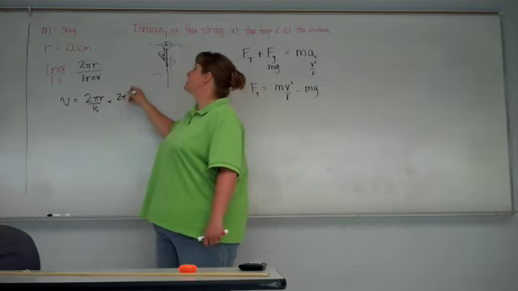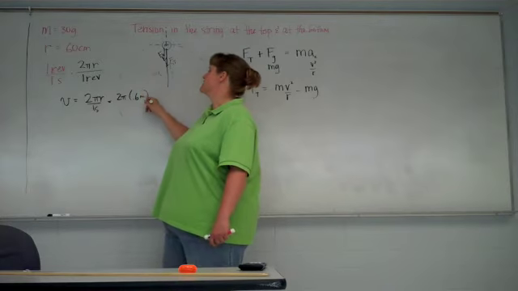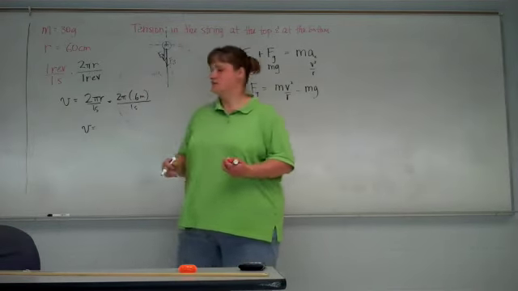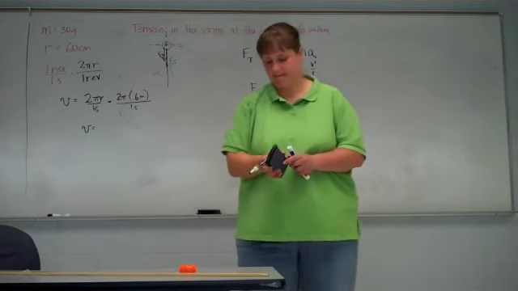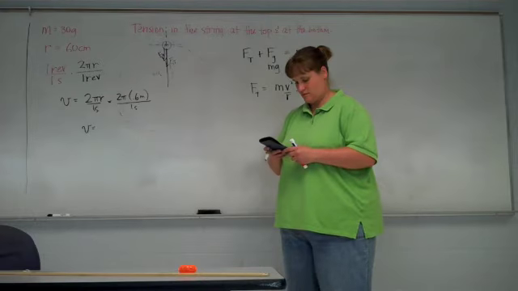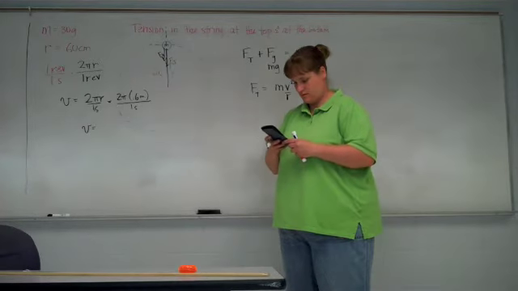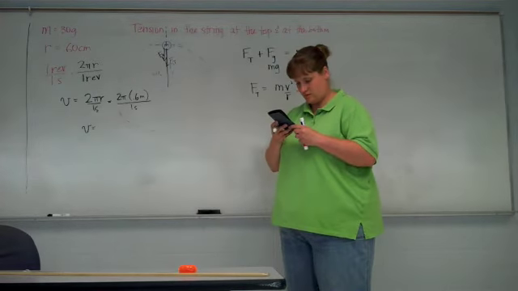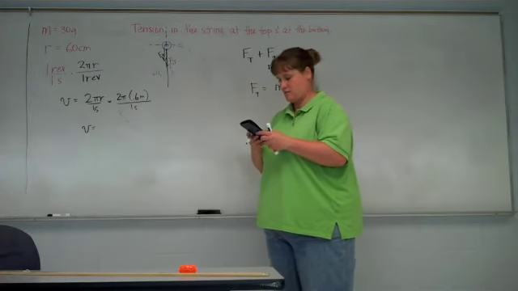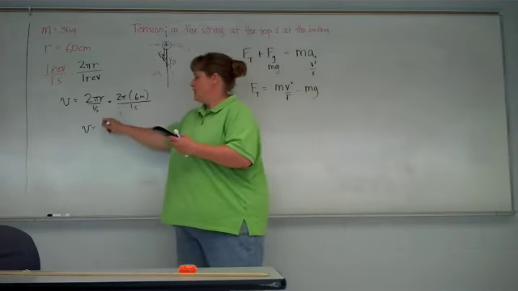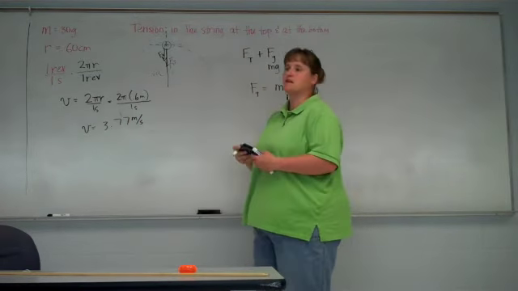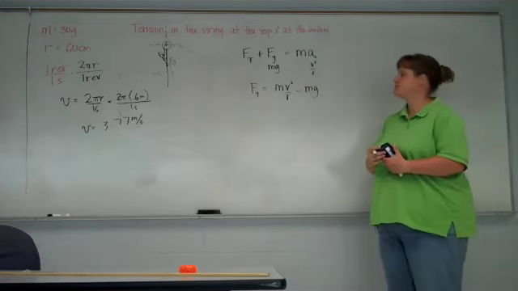So 2 pi, the radius is 0.6 meters. 3.77 meters per second is the speed that it's traveling at.